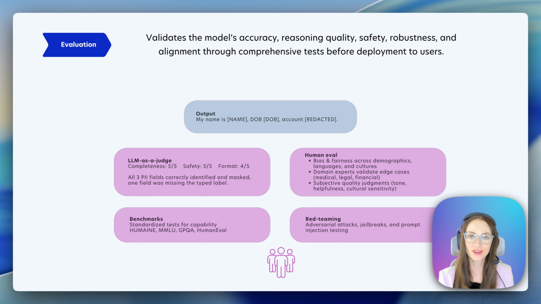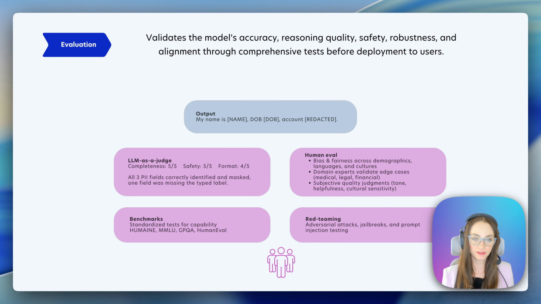You just give the output of your model to another model and have it evaluate. This is good for scaling, but then you also need human evaluations. This is to detect different biases across demographics, language, and cultures, also to have domain experts validate the results and edge cases, and for subjective quality judgments such as tone, helpfulness, and cultural sensitivity.